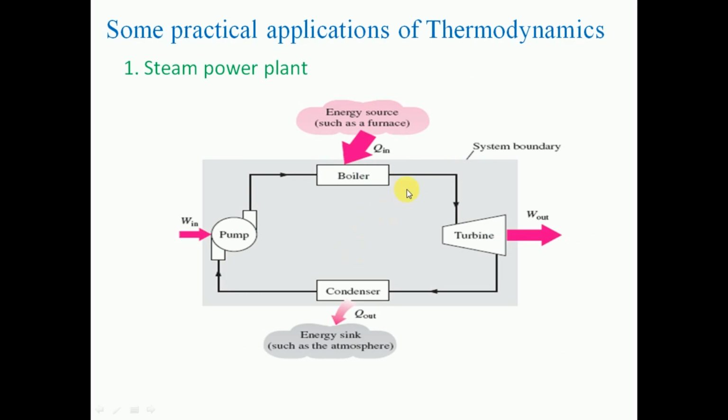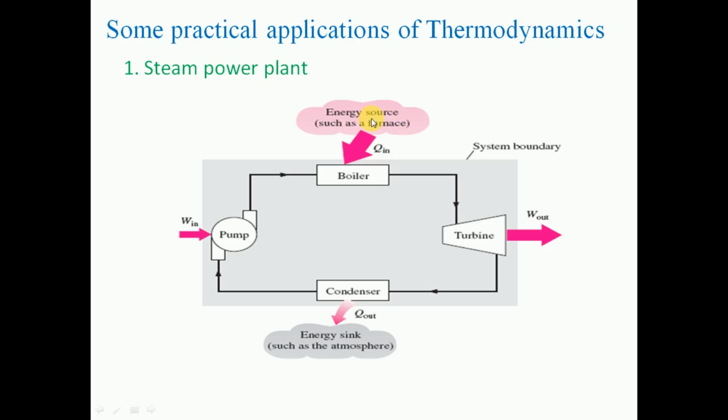Some practical applications of thermodynamics. The first one is the steam power plant, which is important for power generation. Here the heat energy supplied by the fuels is converted into mechanical energy through steam. How is that taking place?